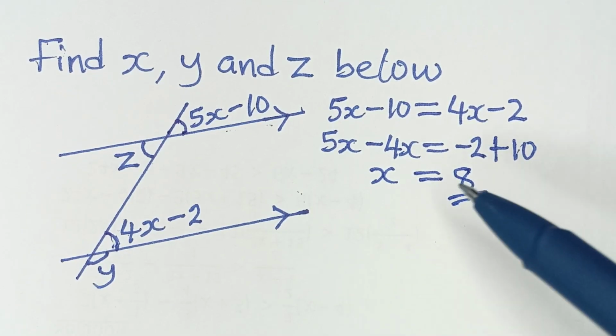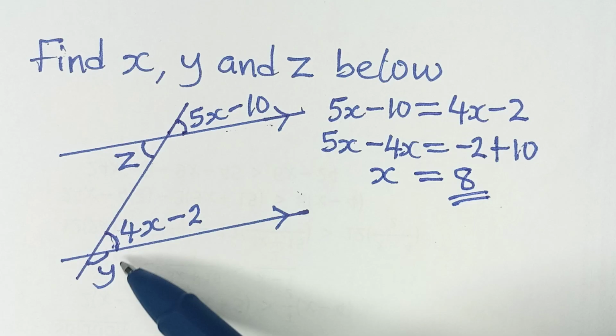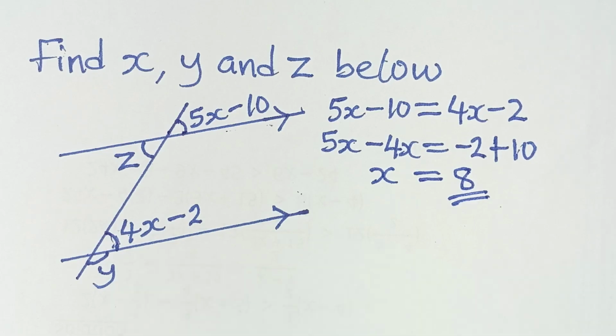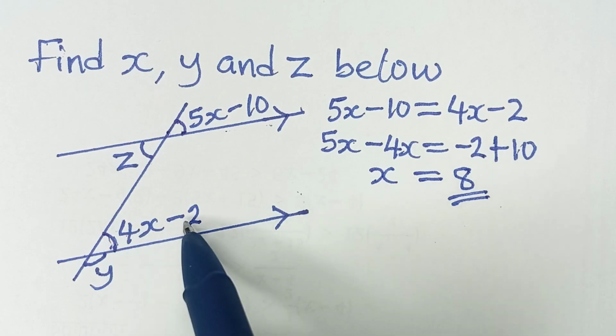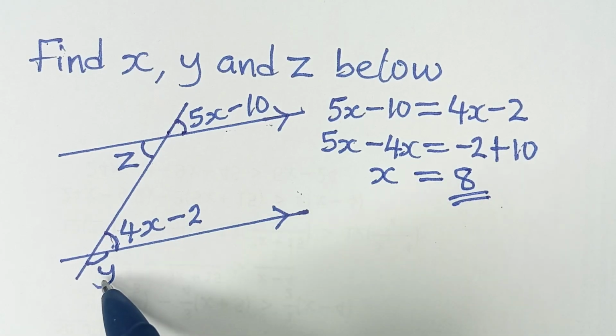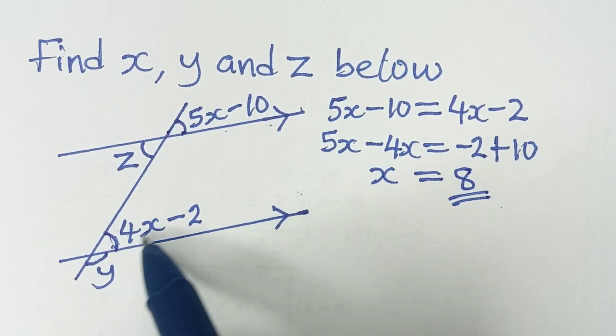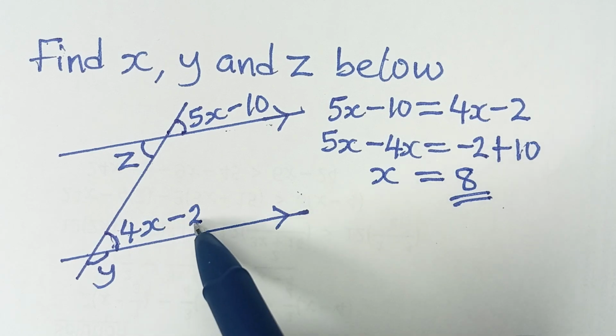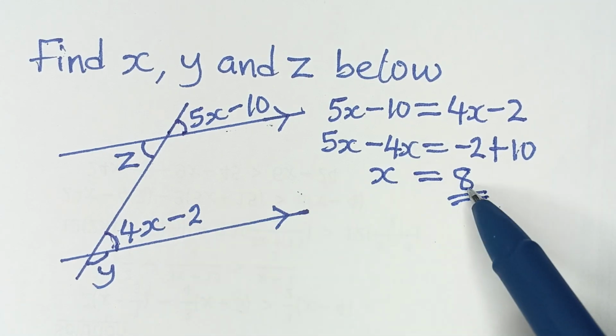Then we can now go on and look for the value of y. Now, for us to do that, we are going to look at this angle now, because we want to find the value of y. So this angle is 4x minus 2. We already know x as 8.